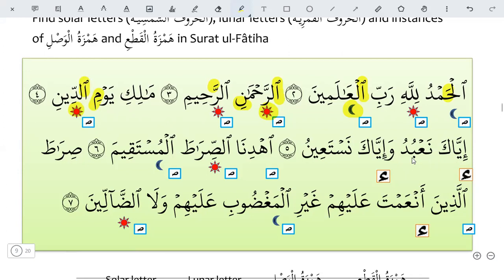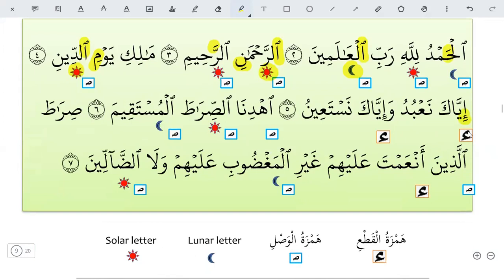Iyyaka na'budu wa iyyaka nasta'in. This ya, this Hamza, this Hamza is Hamzatul Qat' because below this alif there is this sign of Hamza.